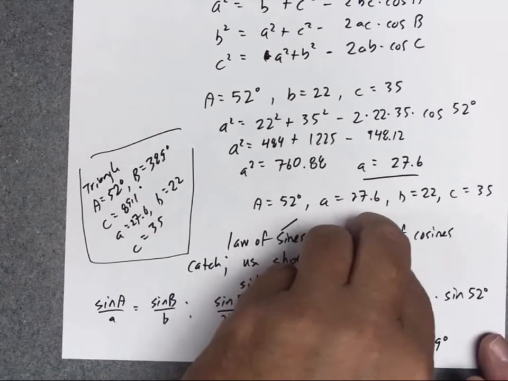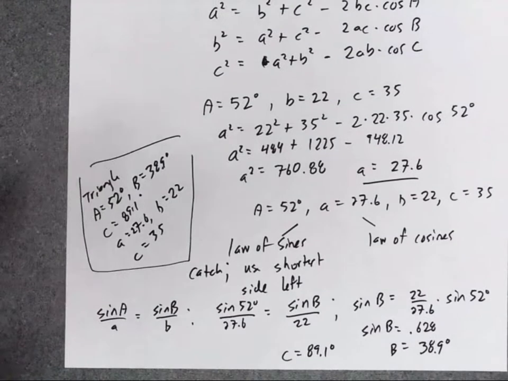Okay, one last problem now. So far we've covered all possible combinations except for one. At the very beginning I said if you're given three angles, we're stuck, we cannot determine the triangle. And then we said, okay, now how about two angles and one side? And that's an easy use of the law of sines. And then we spent a lot of time on the situation where you have one angle and two sides.